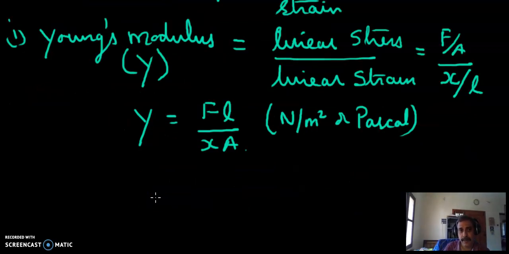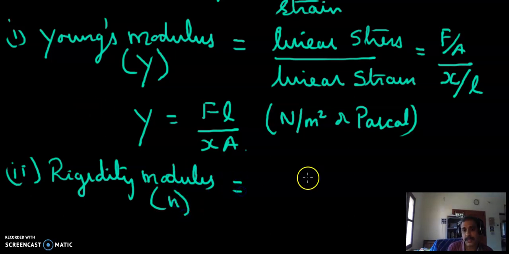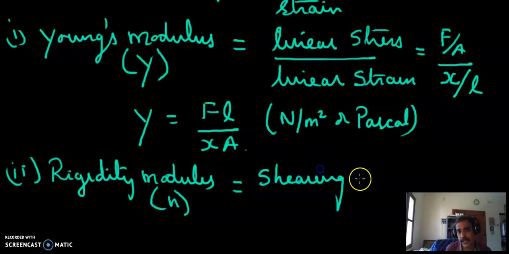Now, on a surface I apply force, the second type of modulus, which I call the rigidity modulus. So rigidity modulus, which is denoted by the letter N, is given by shearing stress by shearing strain.